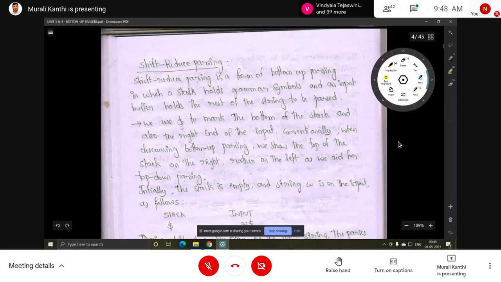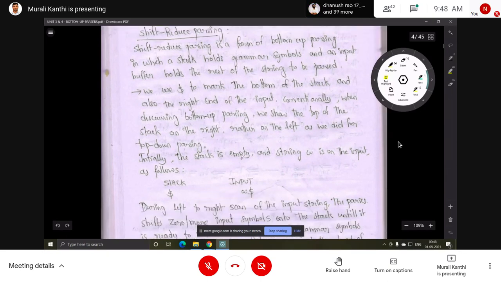When discussing this bottom up parser, we show the top of the stack on the right rather than the left as we did for the top down parser. Initially the stack is empty, that means no symbol is there in the stack, and the string w is the input string.